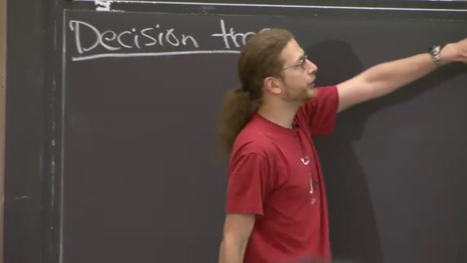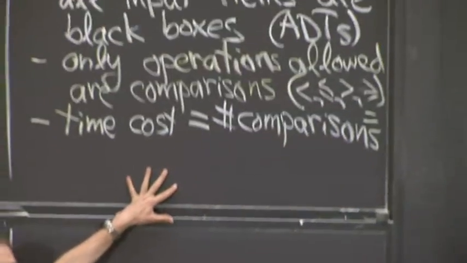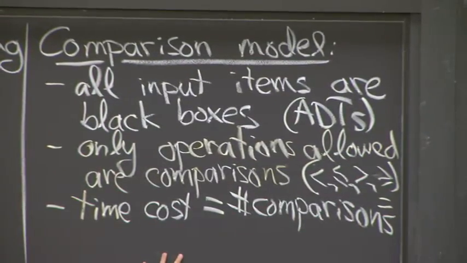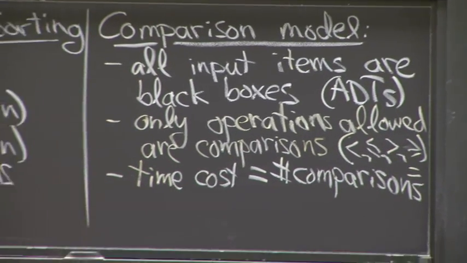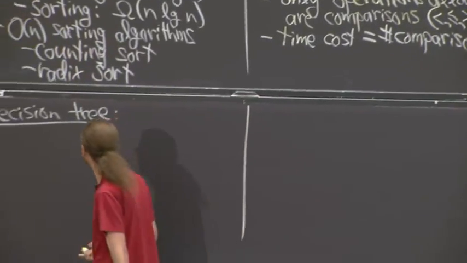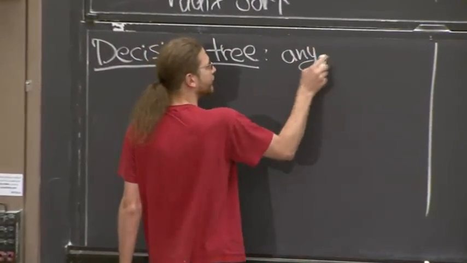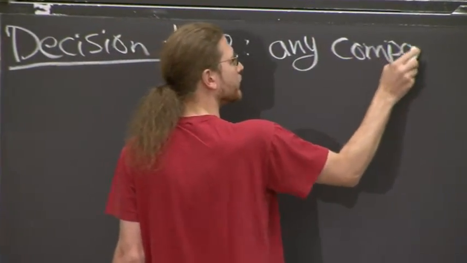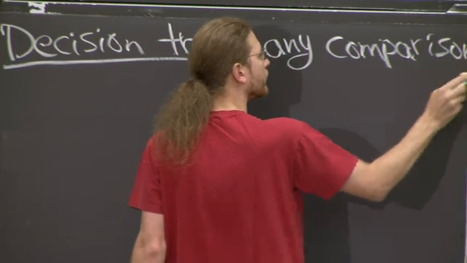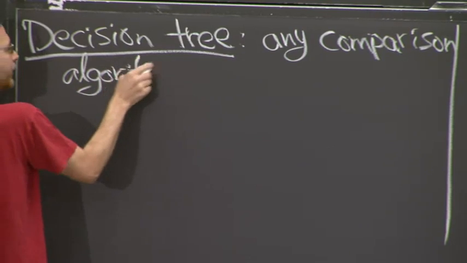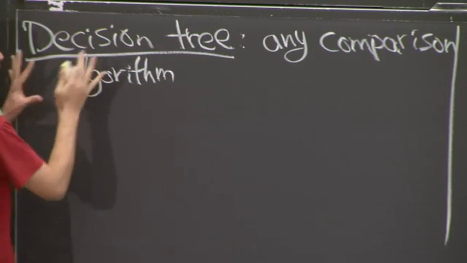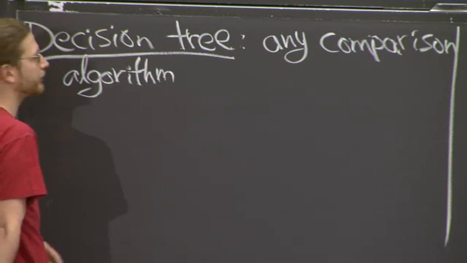If we know that our algorithms are only comparing items, we can actually sort of draw all the possible things that an algorithm could do. So any comparison algorithm, this focusing in on comparisons lets us take a tree perspective of what our algorithm does.